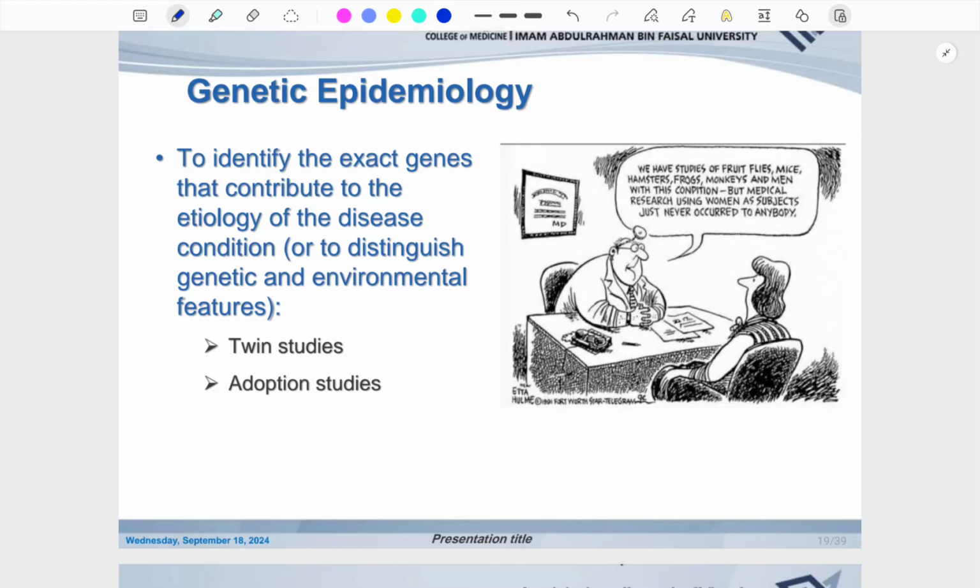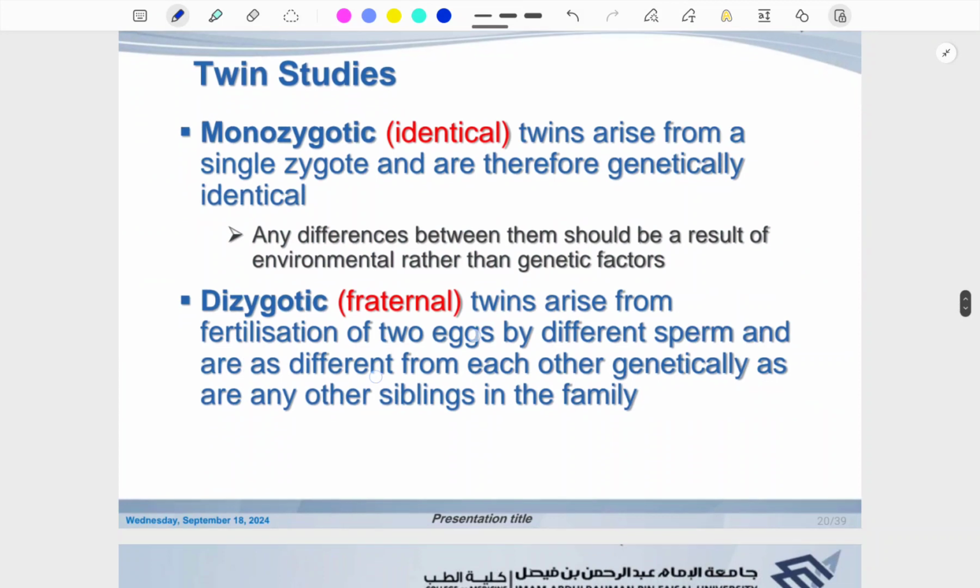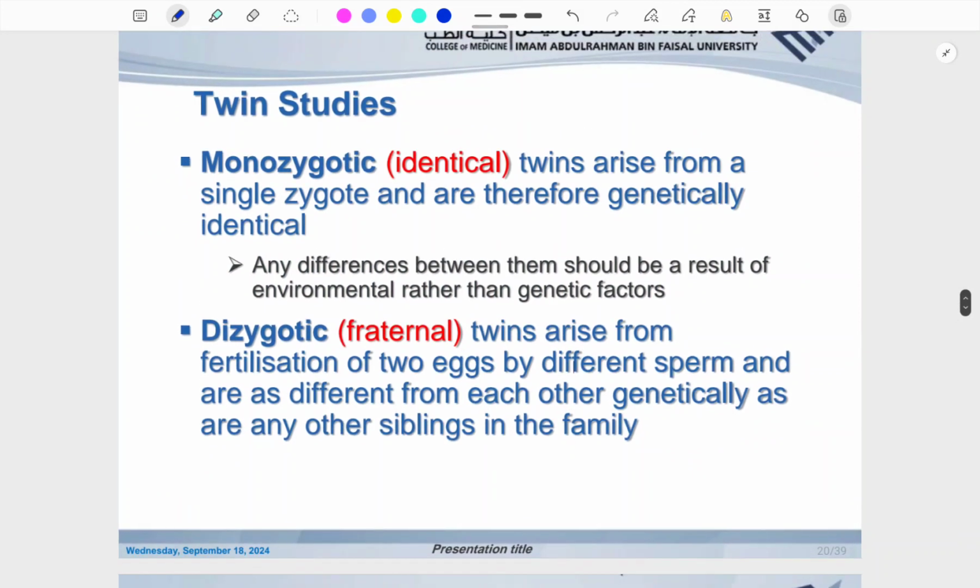Twin studies, the twins are either monozygotic, meaning one egg divided into two, but they are genetically the same, or dizygotic, from two eggs by two different sperms. So genetically they are different.